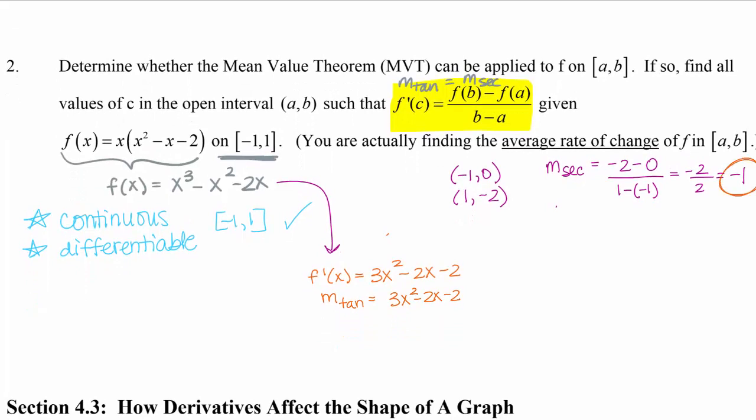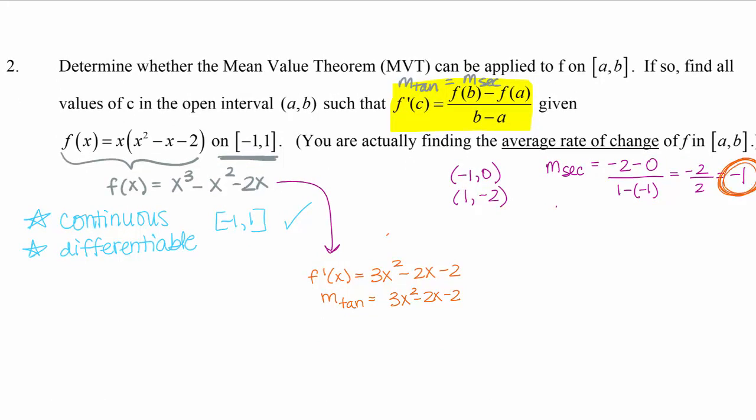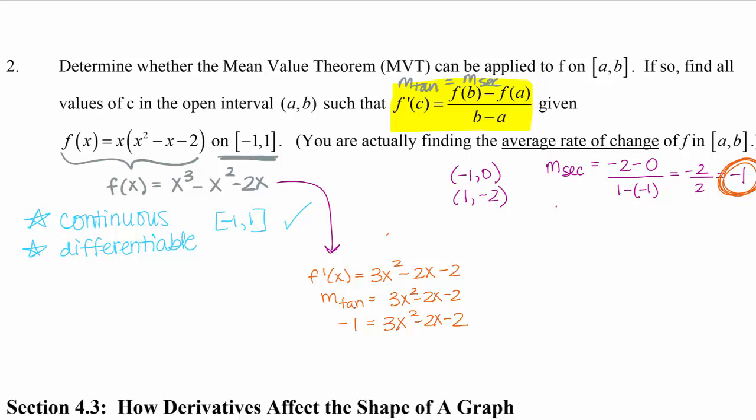I have a numerical value for the slope of the secant line, so I'm going to put that in. So this would be -1 equals that quadratic. I purposely picked this one because sometimes when we solve this quadratic, we try to factor the right-hand side as it sits right now. Please make sure all of your quadratics equal 0 if you are using the quadratic formula or factoring.